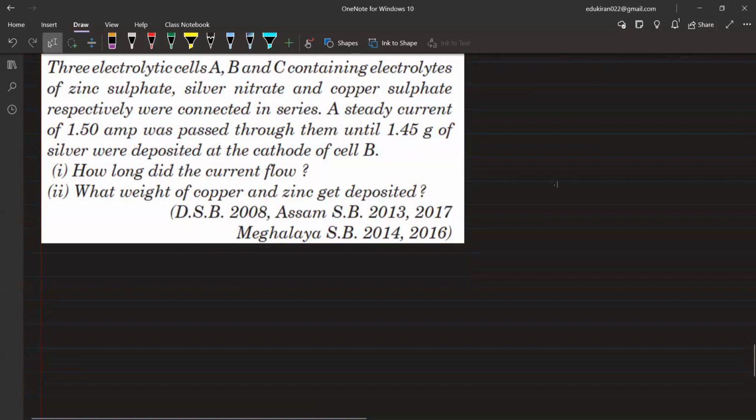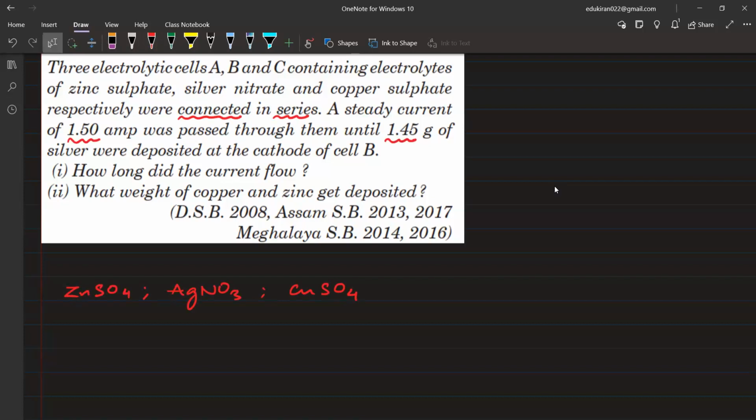Look at the question. Three electrolytic cells A, B and C containing electrolytes of zinc sulfate, silver nitrate AgNO3 and copper sulfate CuSO4 respectively are connected in series. A steady current of 1.5 ampere was passed through them until 1.5 grams of silver were deposited at the cathode of cell B. What is given here?